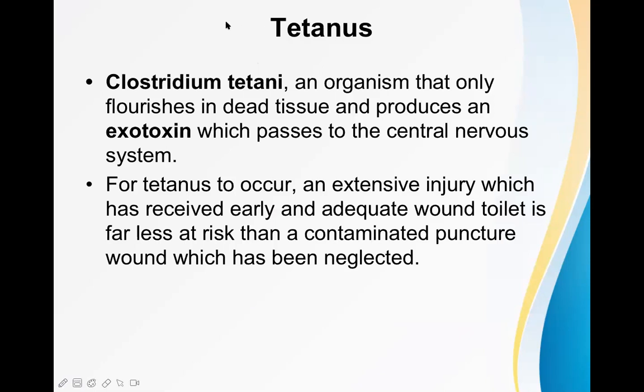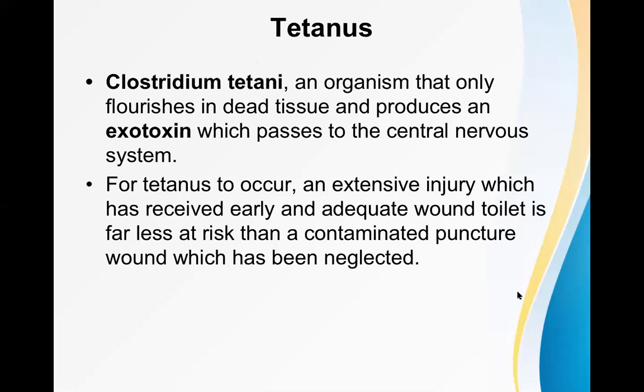Now let's talk a little bit about this organism, Clostridium tetani. Which type of wound is necessary for the infection to occur? Now see here. This is an anaerobic organism, so we all know anaerobic organisms love hypoxic areas or tissues. Dead and devitalized tissue are infected by this anaerobic organism.